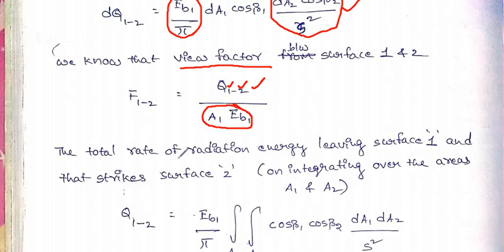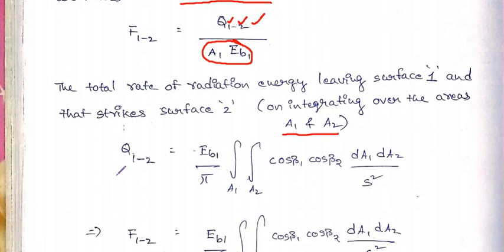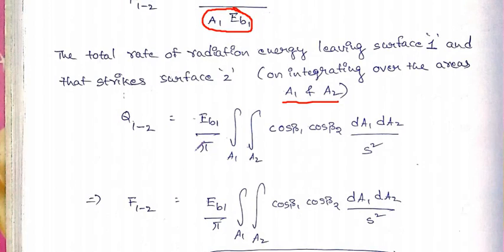The total rate of radiation energy leaving the surface 1 and that strikes the surface 2 can be written, on integrating over the areas A1 and A2, like this. Q1 to 2 is Eb1 by pi, integral over area A1, integral over area A2, cos beta 1 cos beta 2 dA1 dA2 by S square.